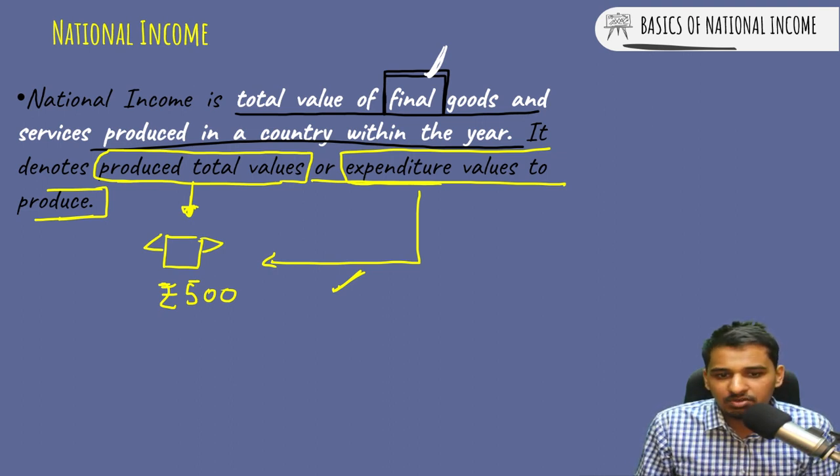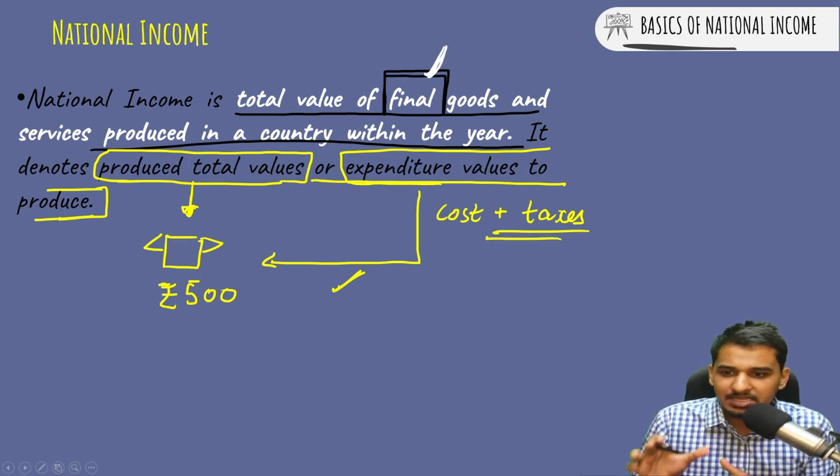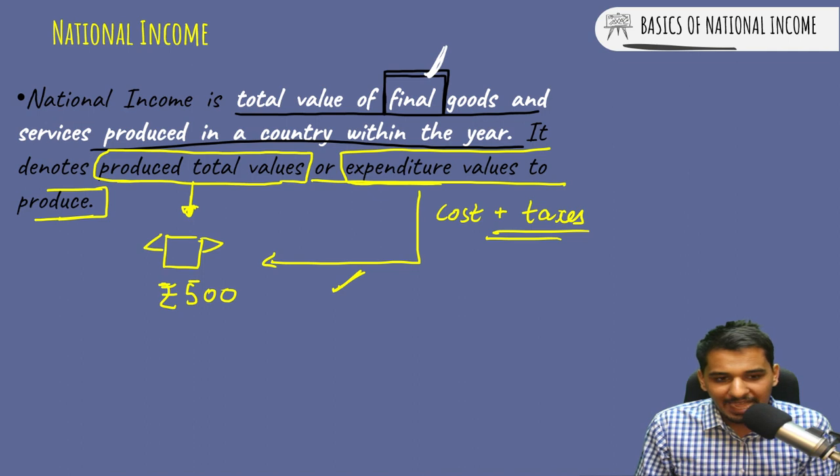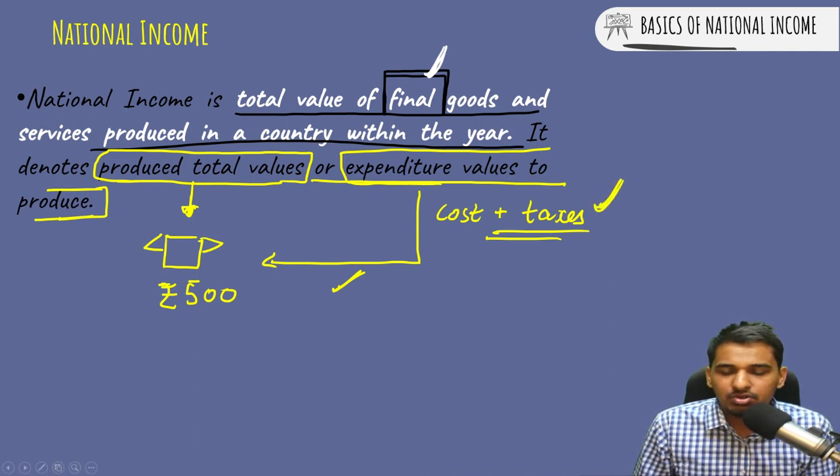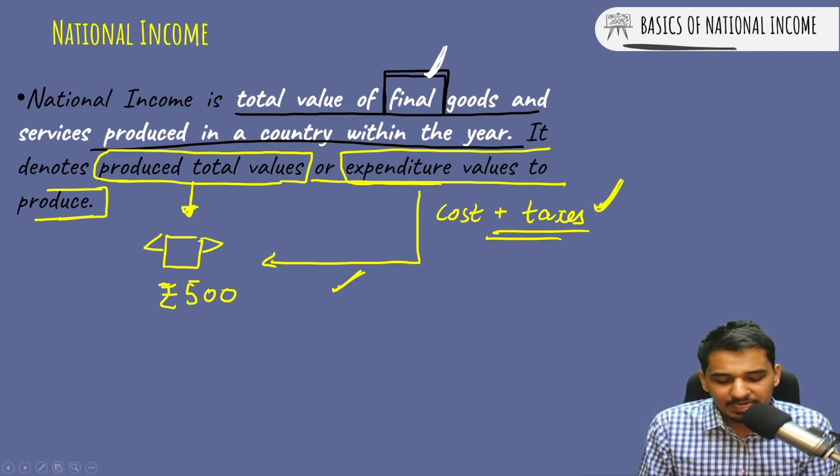Actually it should not be just cost, it should be cost incurred plus the taxes. We'll be seeing this, but for now understand that it is either the produced value, that is the final value, or the expenditure value of the produce, including the costs and taxes you incur in producing it. This is how you calculate national income.